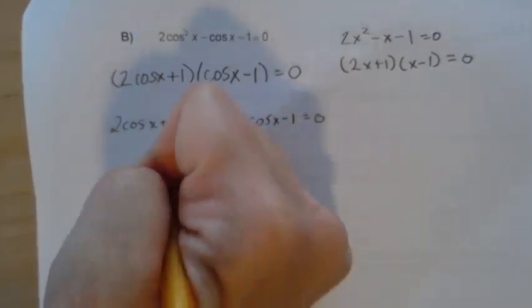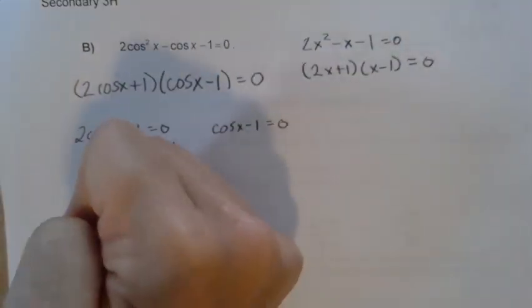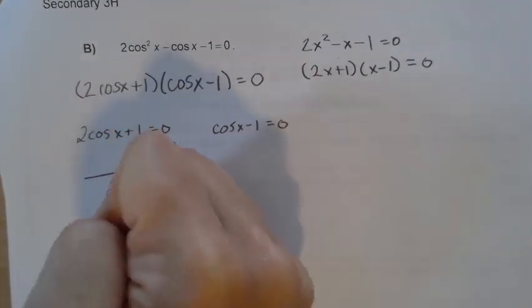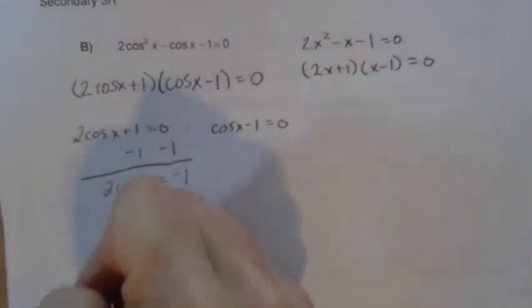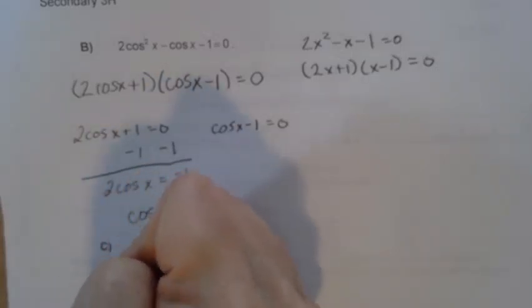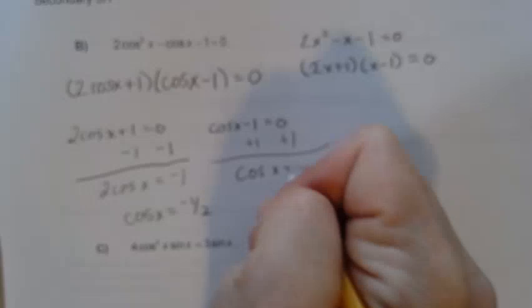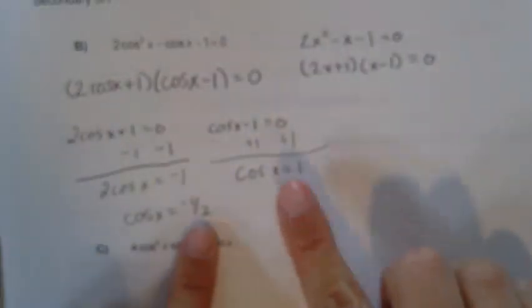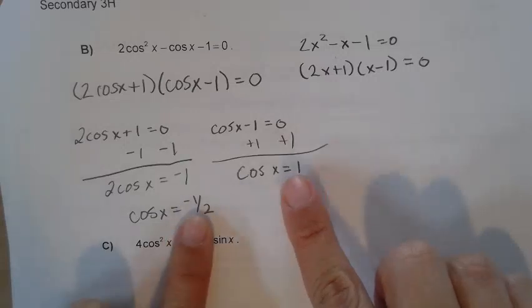So I have to subtract 1 from both sides, giving us 2 cosine x equals negative 1. Divide by 2, we get cosine x equals negative 1/2. And then we have to solve for the other one, where we add 1 to both sides. So we get cosine x equals 1. So I'm going to look for all of these values. There should be 2 values for the negative 1/2, and there should be 1 value for the 1.